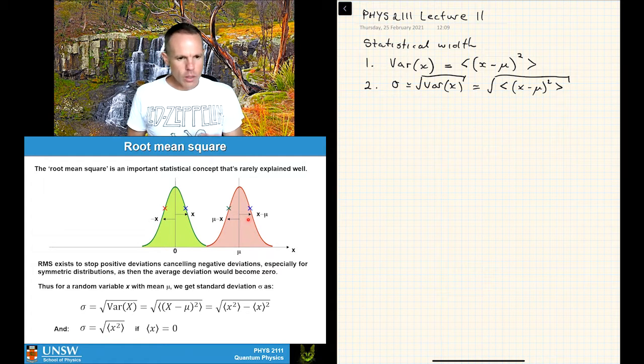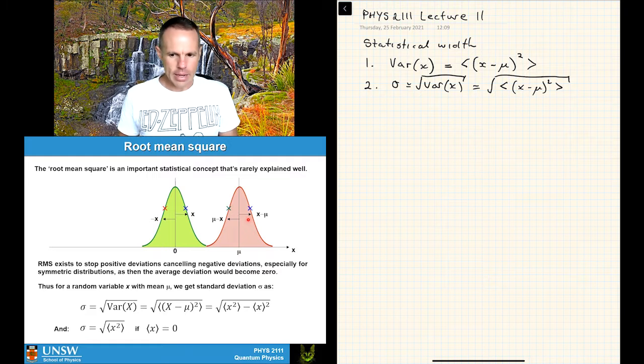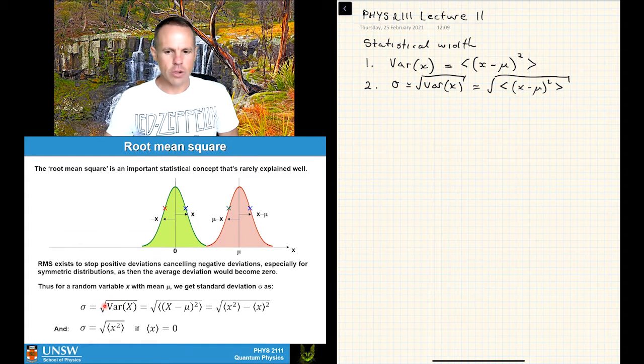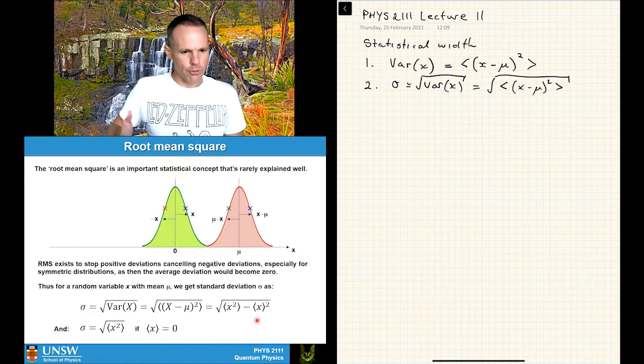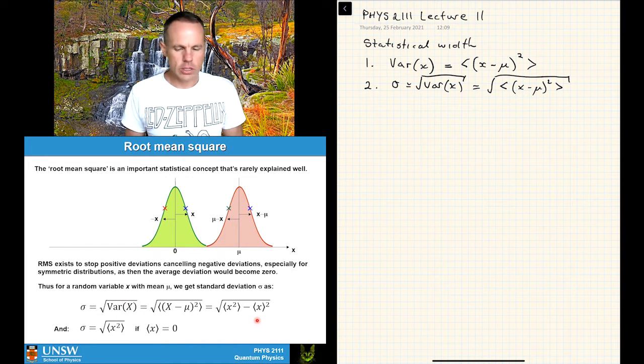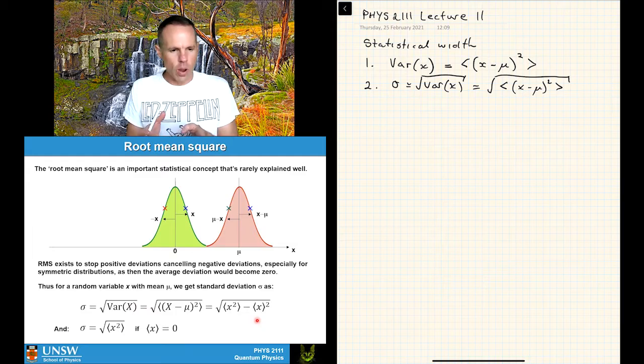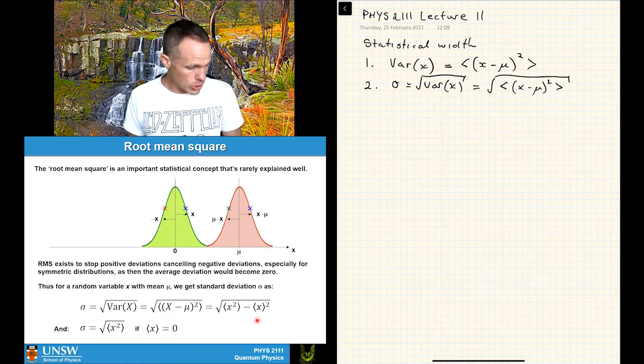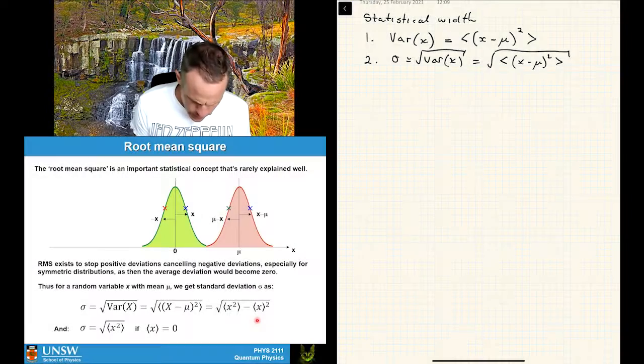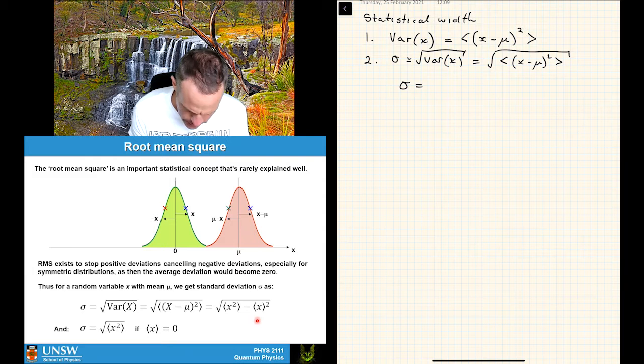All right, so there's one useful transformation I want to make in here, which is basically to get from our definition of the standard deviation to a slightly different definition of the standard deviation that essentially is the square root of the difference between two averages, okay? Okay, so we can start by writing our standard deviation here, the root of the mean of x minus mu squared.